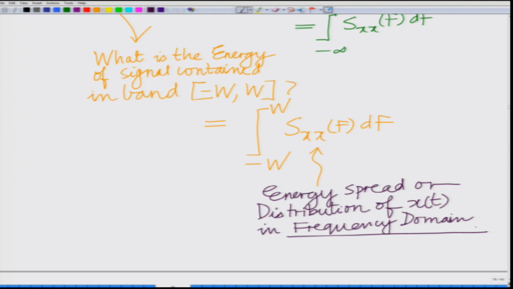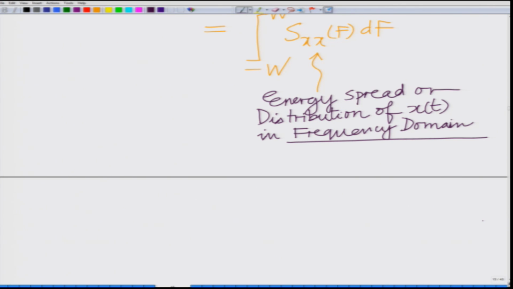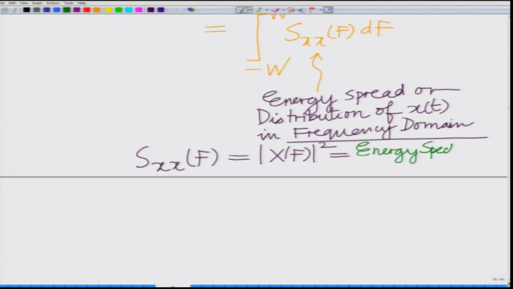This is therefore Sxx(f), which gives me the density of energy over the frequency axis. This is known as the energy spectral density. Sxx(f) equals magnitude X(f) squared. This is known as the energy spectral density.